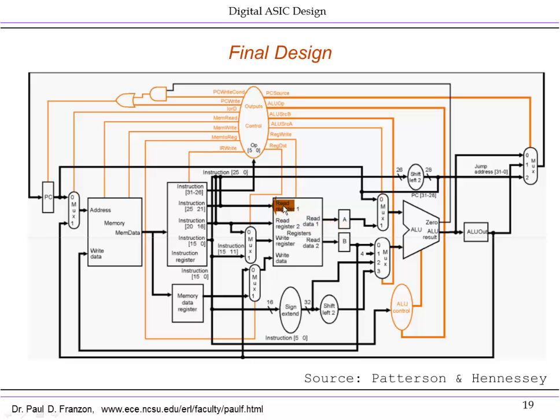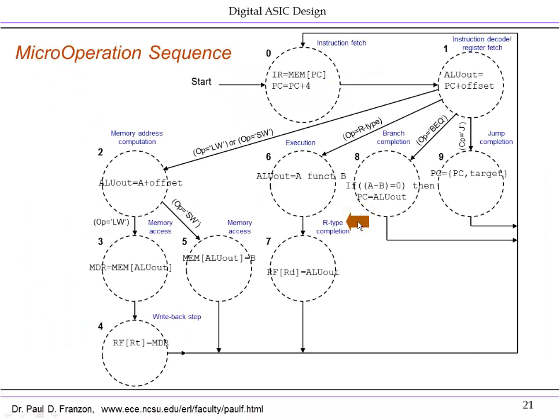That is, whenever the addresses on these two read ports change, which happens whenever the instruction register changes, the instruction register will do a read automatically, and in the next clock cycle, the results will appear at A and B. Thus, in this cycle here, A and B are modified without the need for any commands from the controller. Thus, we don't put that microoperation into the controller microoperation sequence. It's not being affected by the controller.